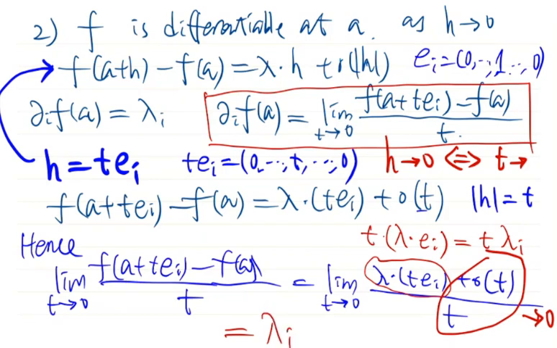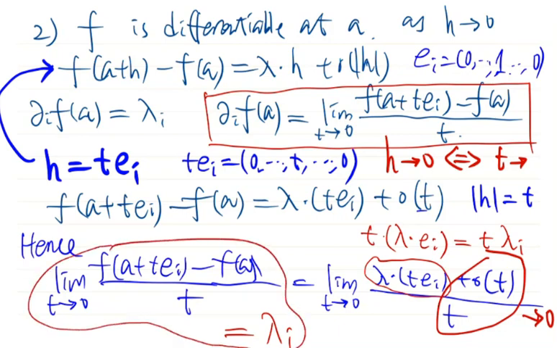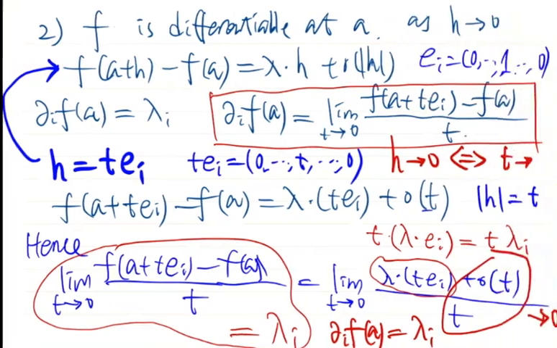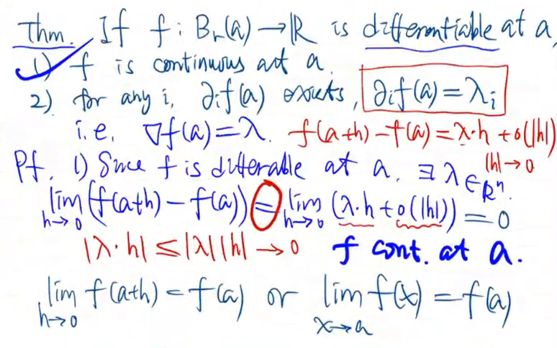This means that this limit exists and equals lambda i. So this proves that the partial derivative exists and equals lambda i.